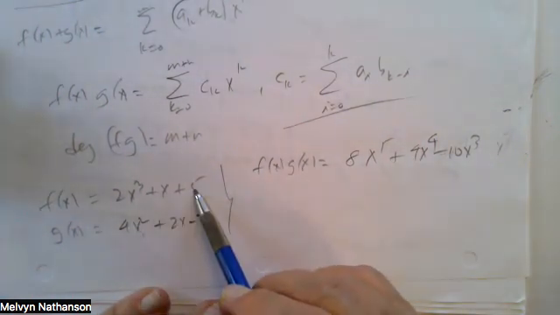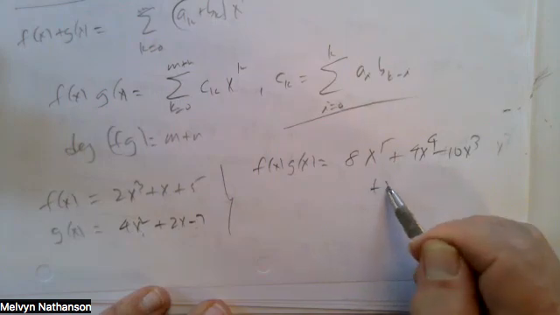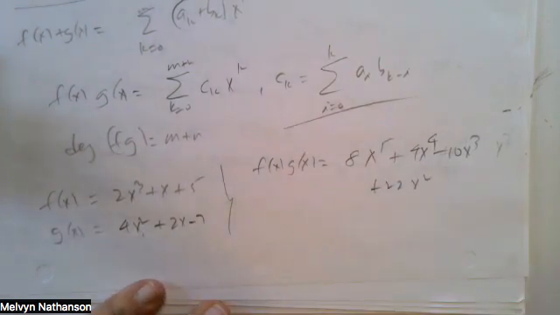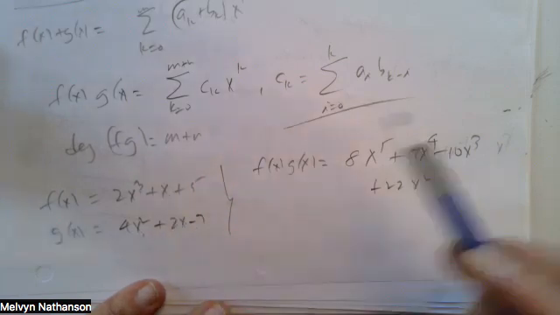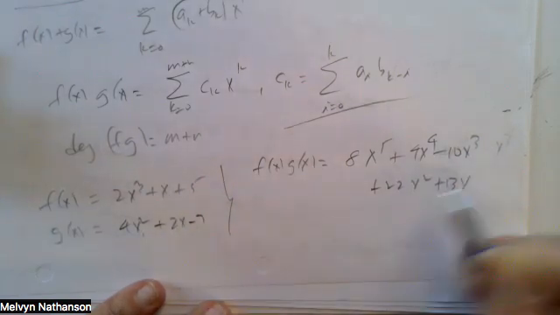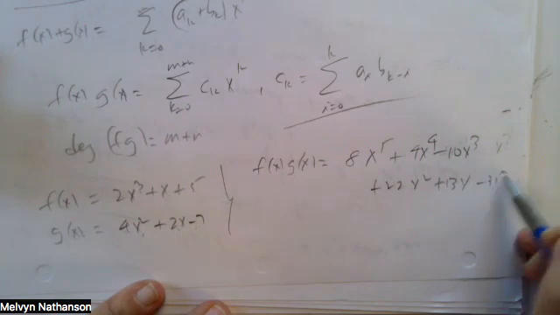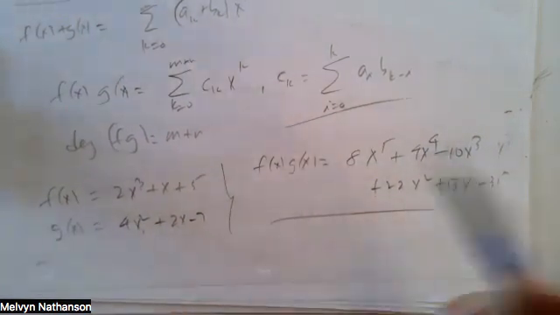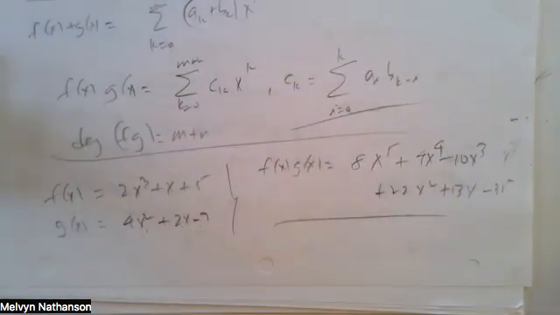I get 20x squared plus 2x squared, 22x squared. When do I get an x? I get 10x minus 7x, and my constant term is minus 35. So this is just multiplying polynomials. It's something you learned how to do by hand a long time ago, of course.